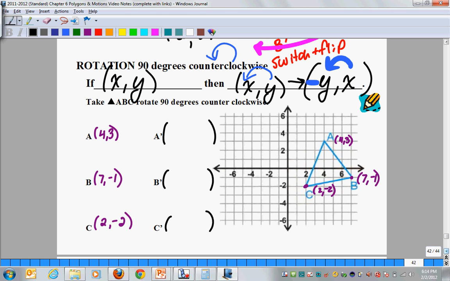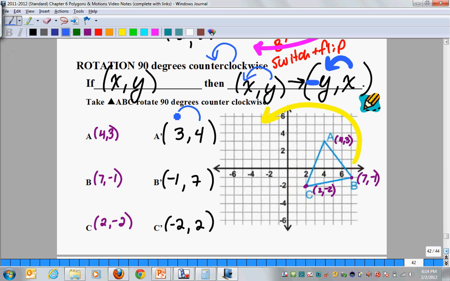Okay, so to rotate 90 degrees counterclockwise, just first get a visual. Counterclockwise means we're moving the triangle this way now. So step number 1 is we switch. So this is 3 and 4, -1 and 7, -2 and 2.